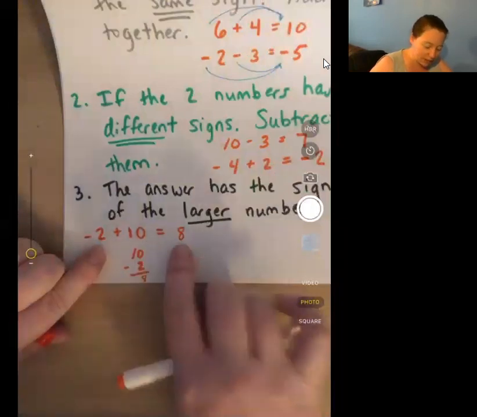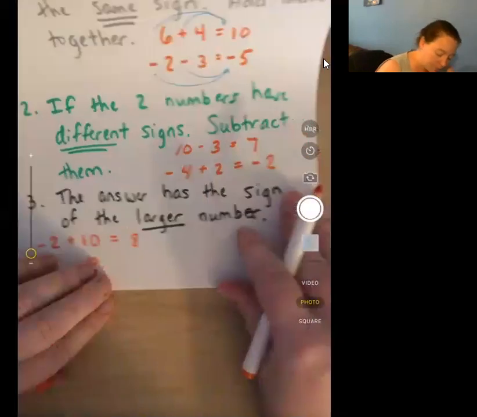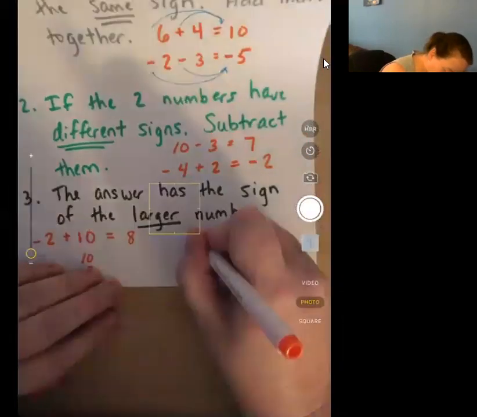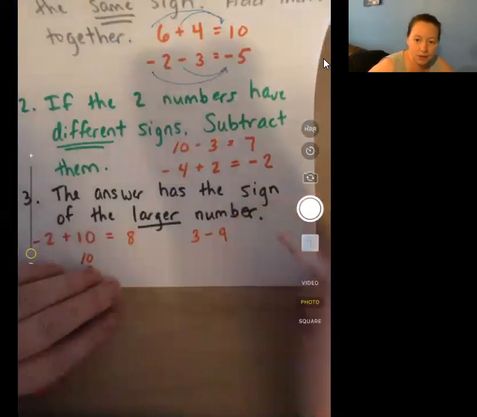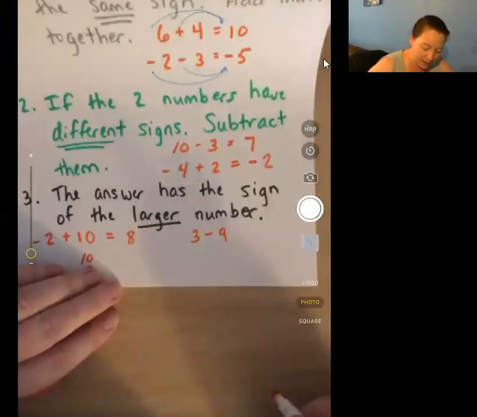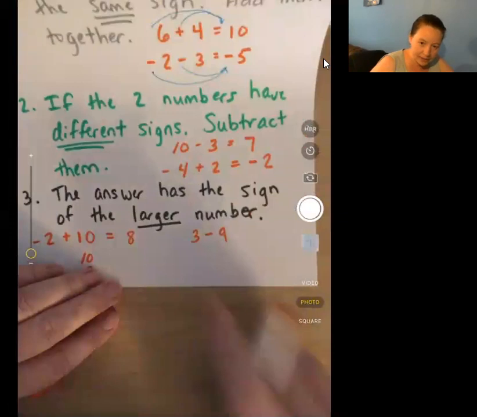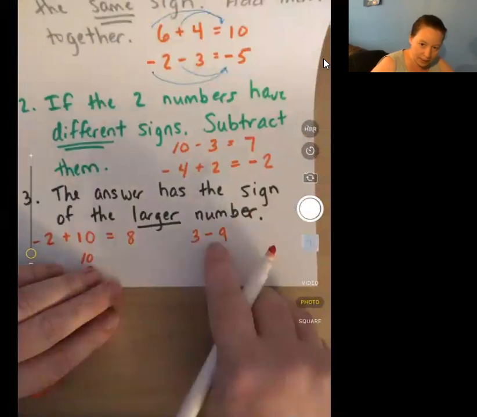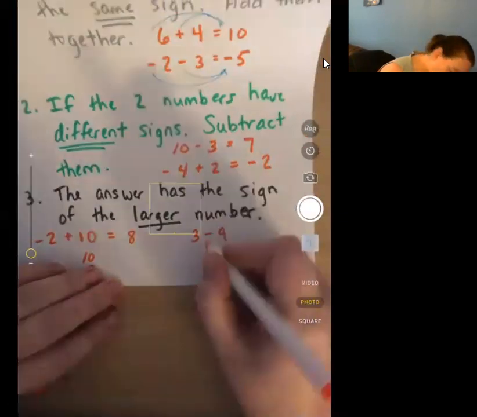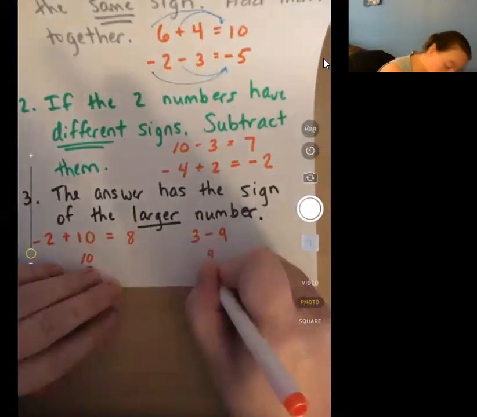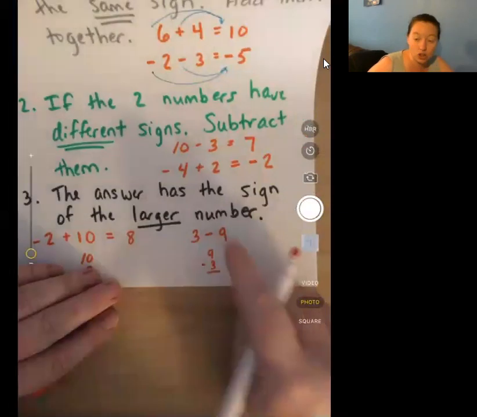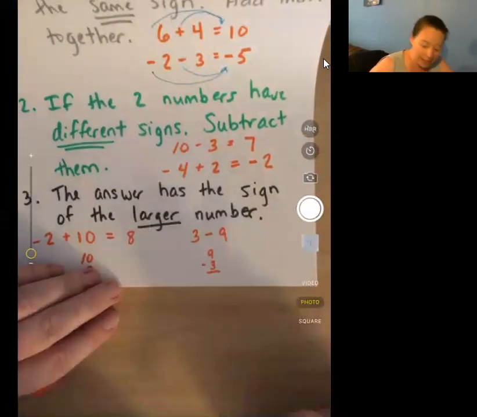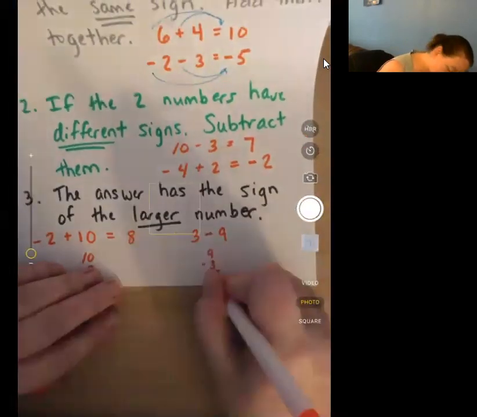Okay? Let's try this one. If I have a 3 minus 9. Okay? So 3 minus 9. Different signs. So I'm going to subtract 9 minus 3, because 9 is a larger number than 3. 9 minus 3 is 6.